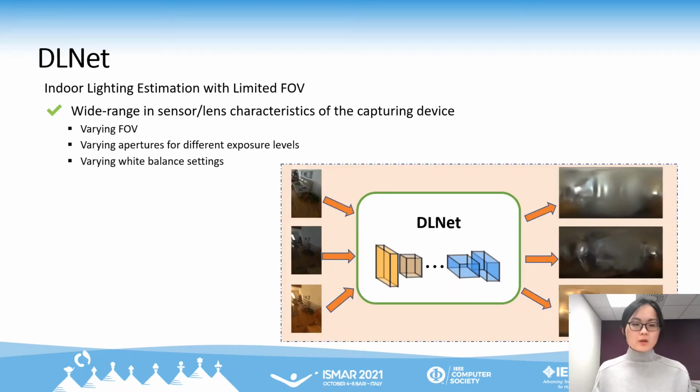In this paper, we propose a novel dynamic lighting neural network, which we call DLNet, to address this problem. DLNet can estimate indoor environmental lighting under diverse input variations using a limited field of view image. Specifically, we support high variations in field of view, exposure, and white balance of the mobile cameras. We will also show that DLNet has improved indoor lighting estimation compared to previous work.